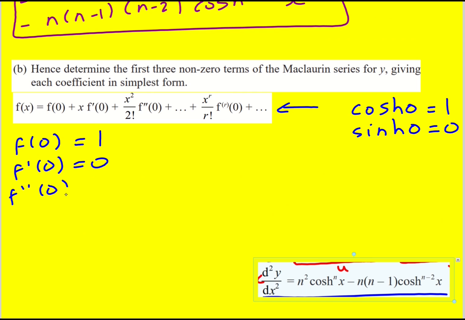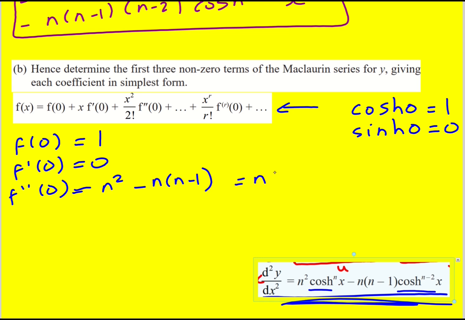Whilst f double dash of 0, I can sub it into here. I'm going to get n squared minus n minus 1. Remember, these both just become 1, which is n squared minus n squared plus n. We just get n. Third derivative, as mentioned, is 0 again.